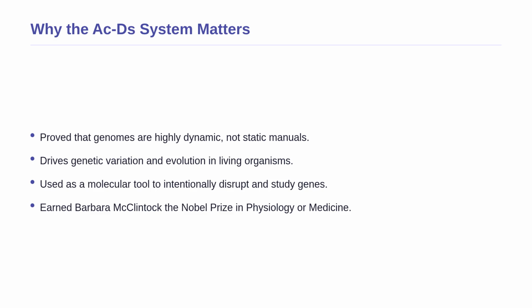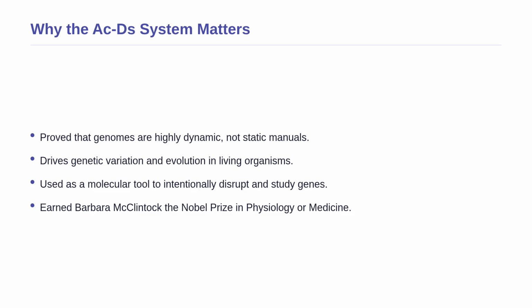Having seen how these elements create beautiful patterns, we must ask why this discovery is so fundamentally important to biology. Understanding the AC/DS system completely shattered the old scientific belief that genomes were static, unchanging instruction manuals. Instead, it proved that DNA is highly dynamic, constantly shifting and rearranging itself.